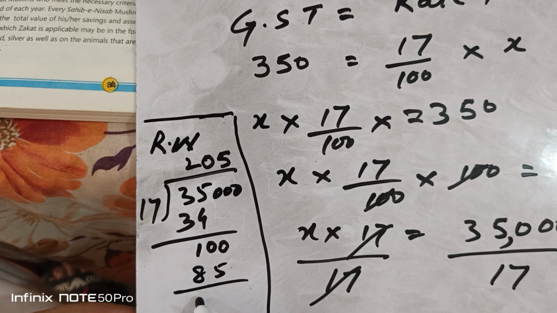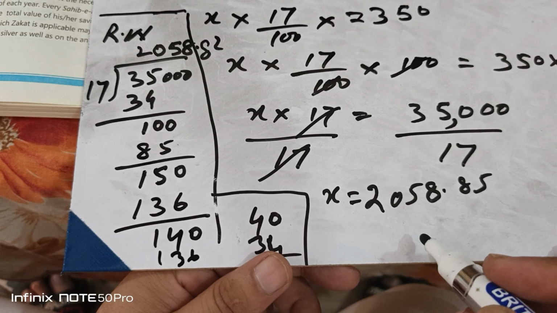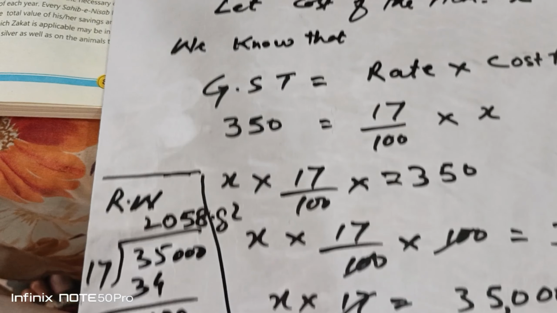Again we write 8, which is 136, and we will get 4 here, and after writing 0, this will be 17 twos are 34. So this will be carry on, and we will simply write at 2 decimal places. This will be 2058.85. Yes, this is X, and X means the total cost of an item, so it will be in rupees. This is our answer, and it is the answer of question number 8.